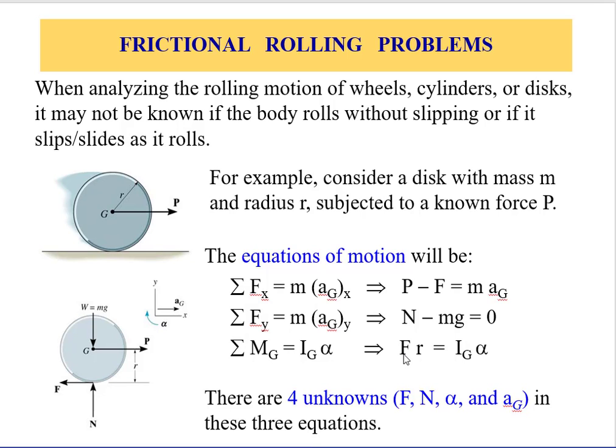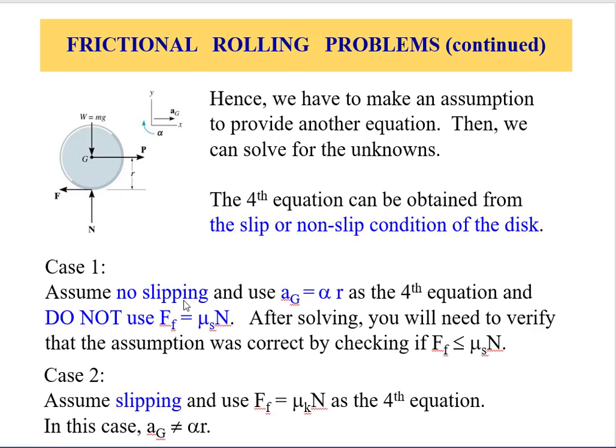If indeed there's no slipping, then the magnitude of the friction that we calculated based on this assumption must be less than or equal to static friction, μs N. Otherwise, it's going to be slipping.